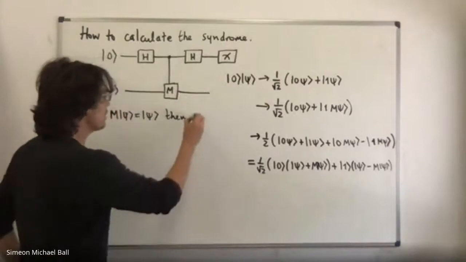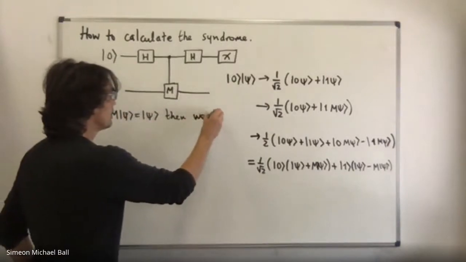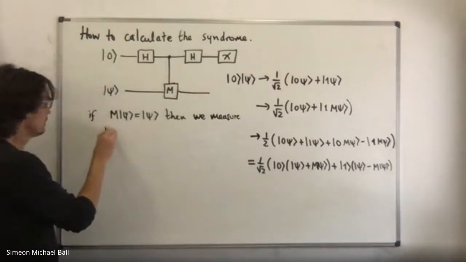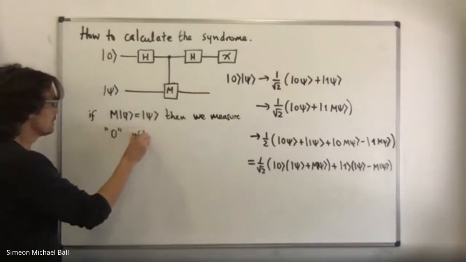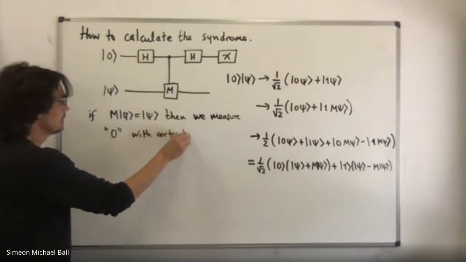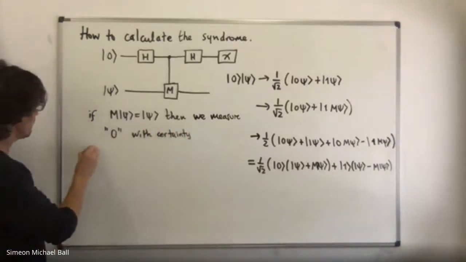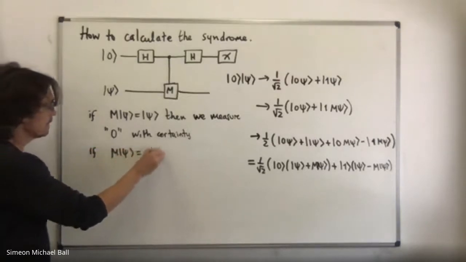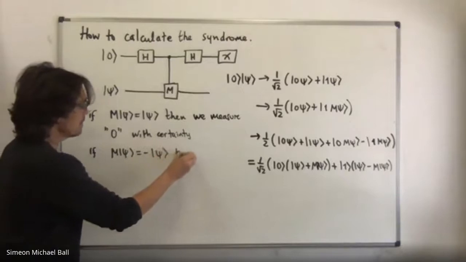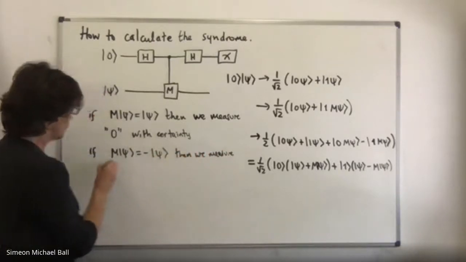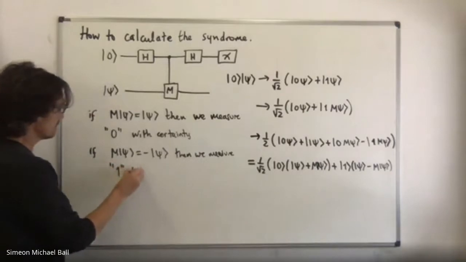So we will measure 0 with certainty. Whereas if M psi is minus psi, then we measure 1 with certainty.